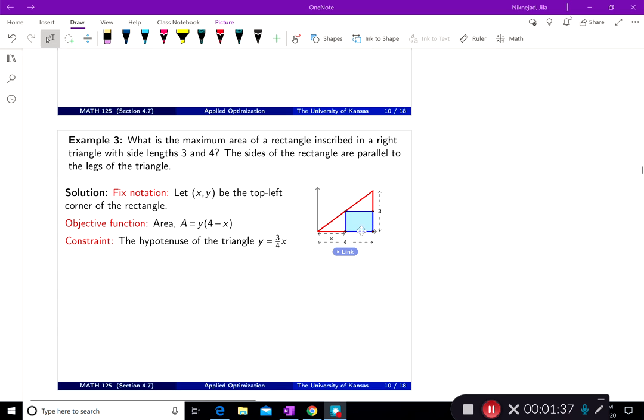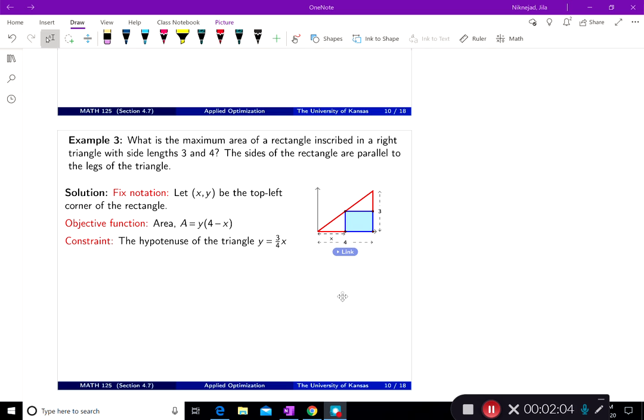Notice we have the objective function: we're trying to maximize the area. The objective function is one side of the rectangle times the other side. We said y is one of the sides, but the other side is 4 minus x. And so that's the objective.